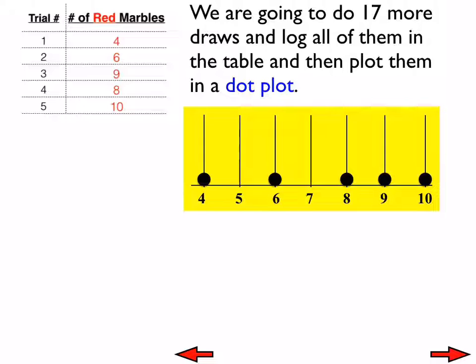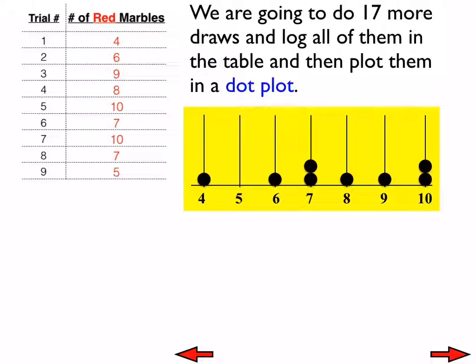And as I'm saying these, you're filling in your table once again, and then filling in your dot plot. 6th trial, we drew 7. 7th trial, we drew 10 again, which is kind of weird, but sometimes things like that happen. 8th trial, we drew 7. 9th trial, we drew 5. 10th trial, we drew 8.